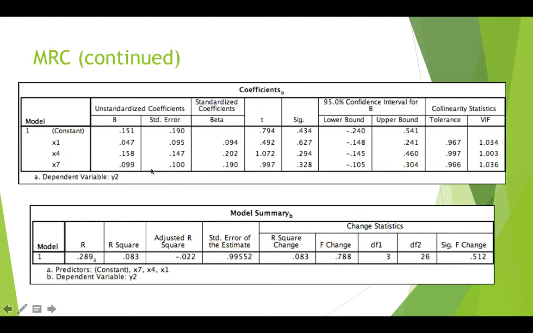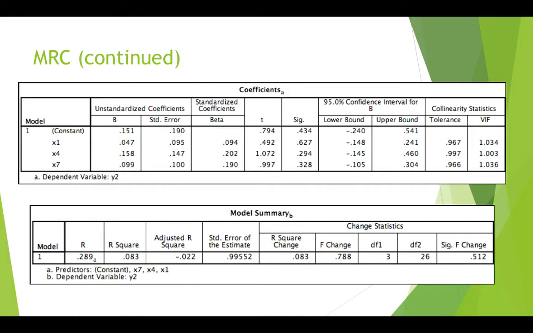The main effects really aren't producing any significant data. My t-values are low, which is going to give me really high p-values. And of course, if we have high p-values, then we fail to reject the null.